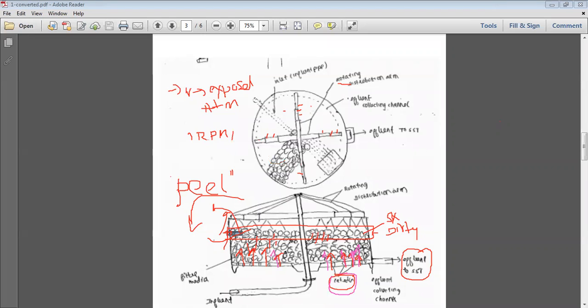When sufficient filtering capacity is attained and there is no flow, good water is not collected in the effluent collecting tank, they will reverse the flow. So this is how they function. So now you have the effluent collecting tank, and that tank will reverse the flow.